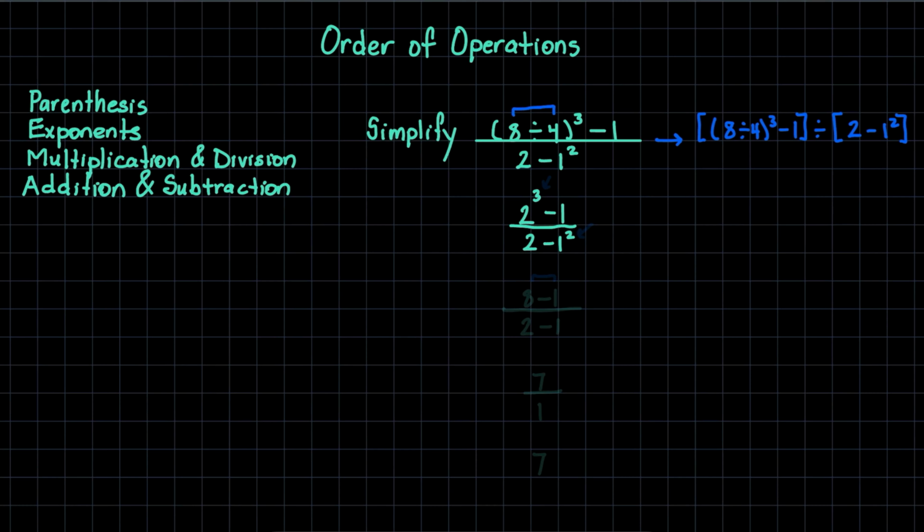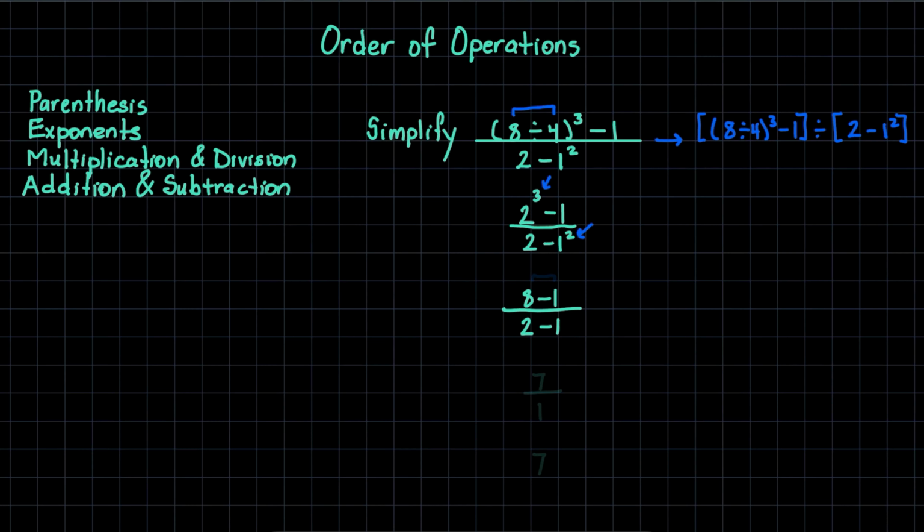So I'm going to look at the top, and in the top I have an exponent. 2 to the third power is 8 minus 1. And I'm going to go to the denominator. I have an exponent. 1 squared is 1, so this is 2 minus 1.